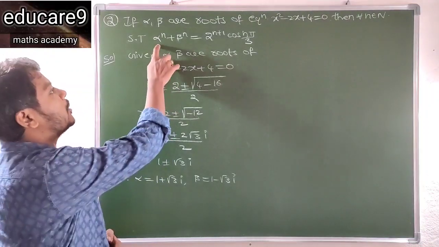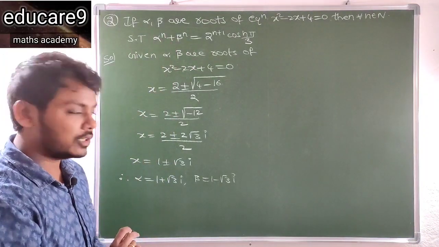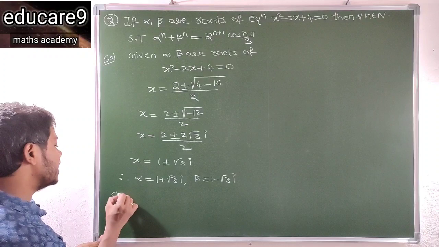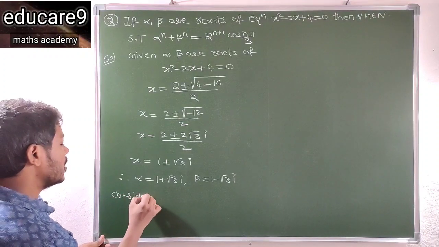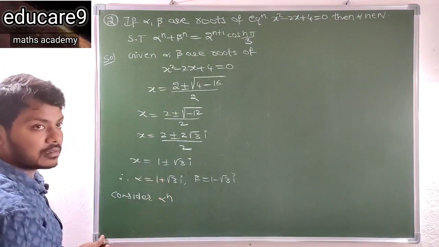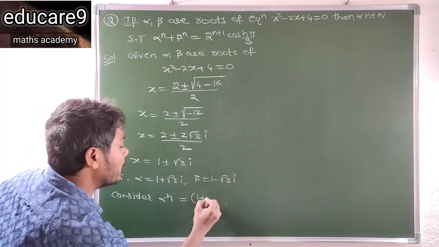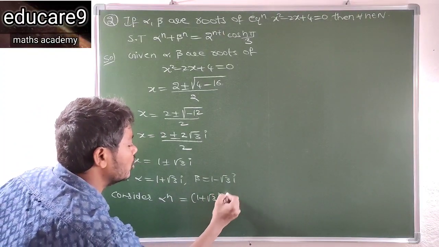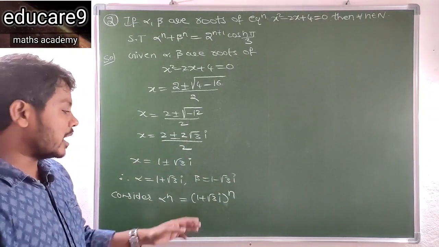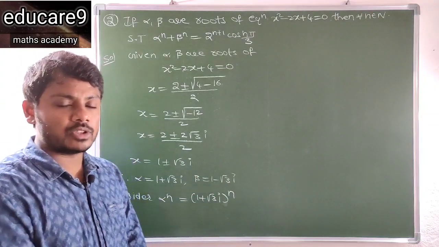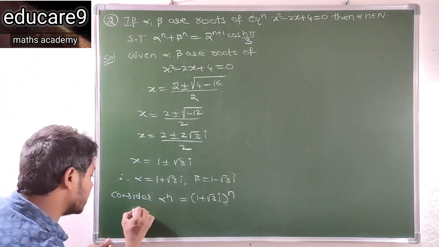Now find alpha power n plus beta power n value. So see here, consider alpha power n, that is (1 plus root 3i) whole to the power of n. Here also you have to multiply and divide with the square root of x square plus y square.